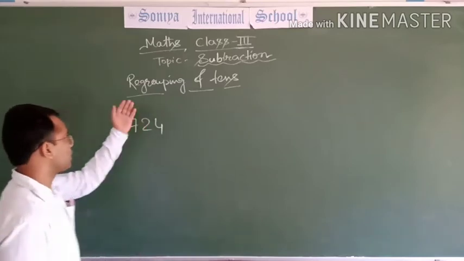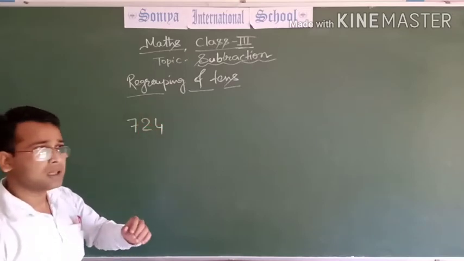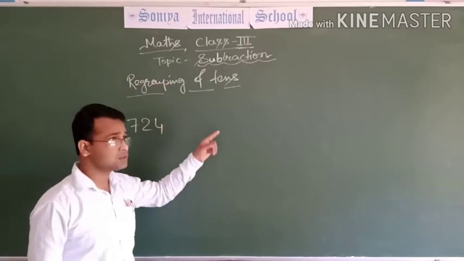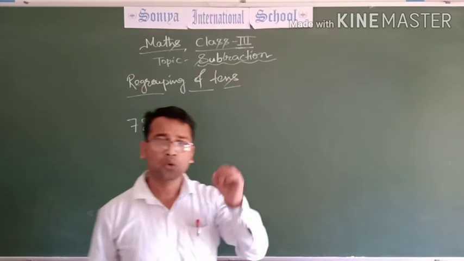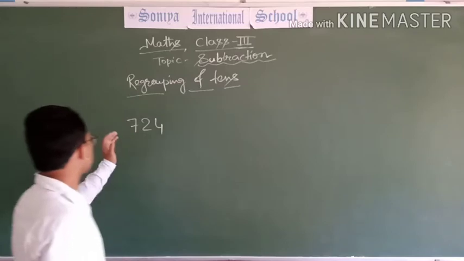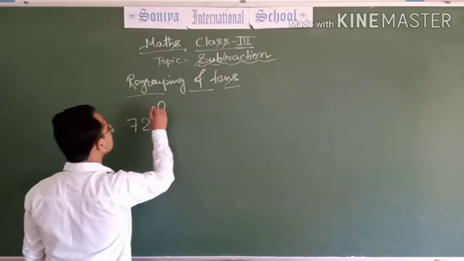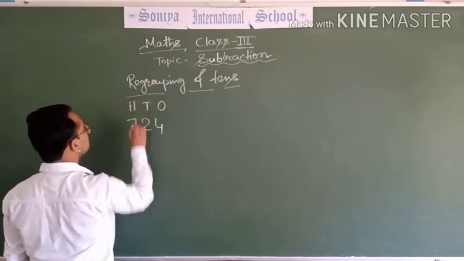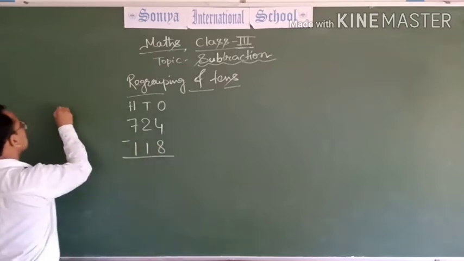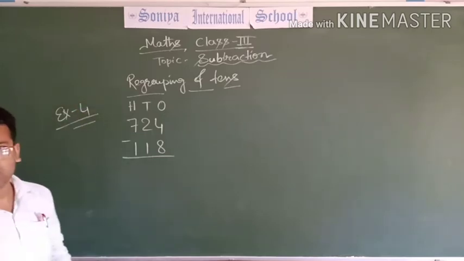You remember regrouping of addition, and regrouping of tens and ones places, stepwise. So this subtraction with regrouping of tens goes on stepwise. First write 724 in ones, tens and hundreds places, and 118. Example 4 in your book.